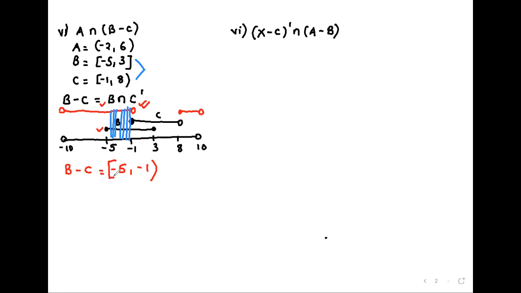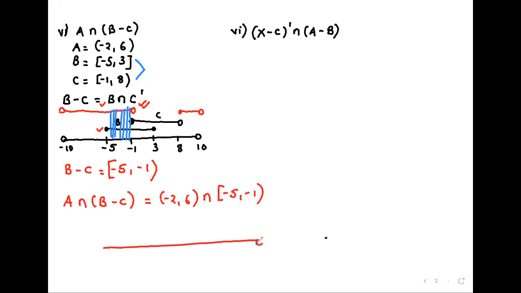After that, we now take it to A. So we now deal with A intersection B minus C. That will be A, which runs from -2 to 6, open, intersection -5 to -1. On the number line, this looks like this. -10 to +10.